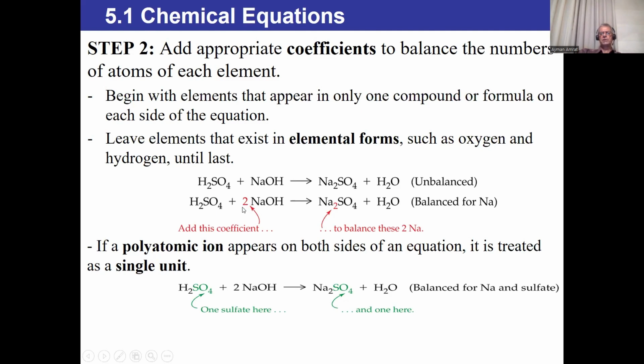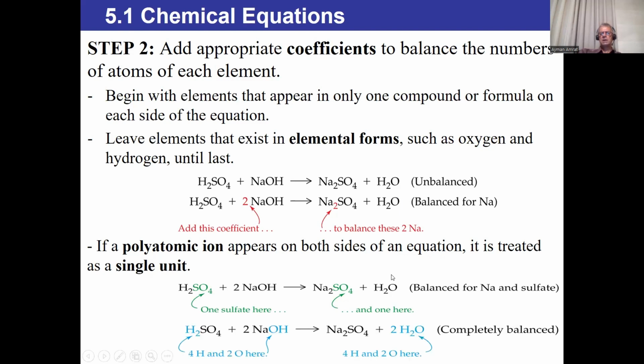Add this coefficient. If a polyatomic ion like SO3 appears on both sides of an equation, treat it as one unit: 1 unit SO3 here, 1 unit SO3 here. If a polyatomic ion appears on both sides of an equation, it is treated as a single unit.